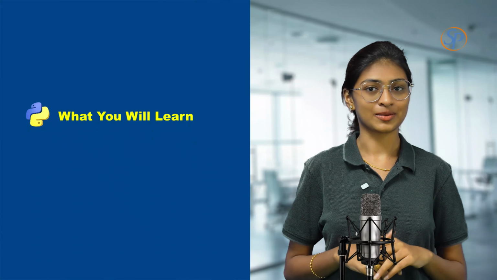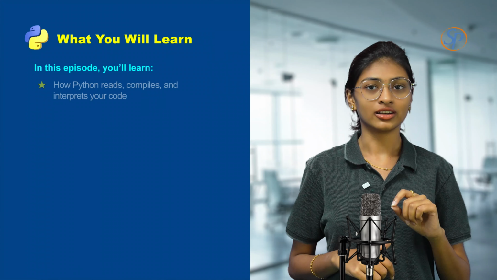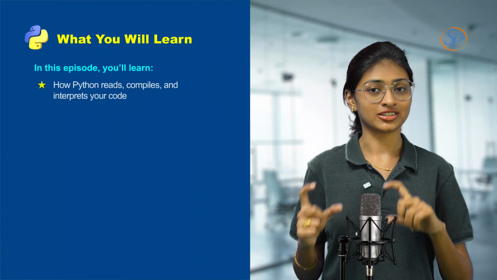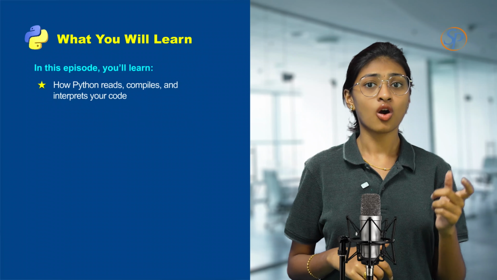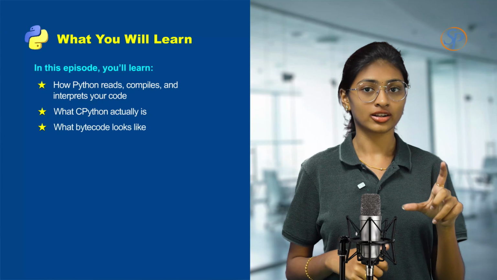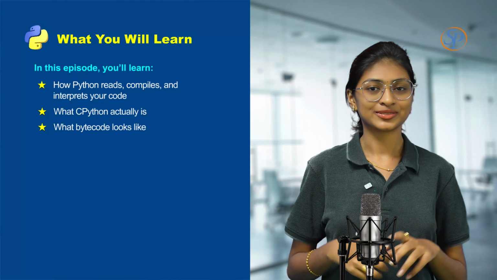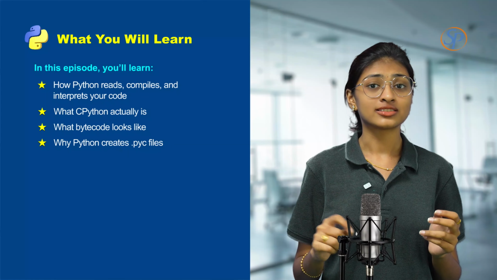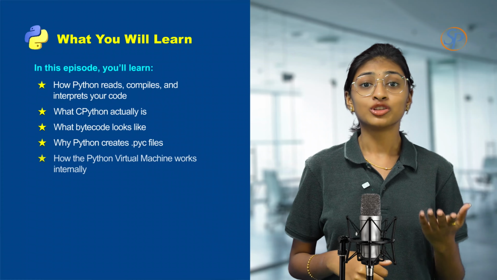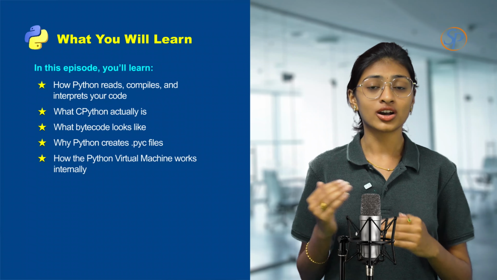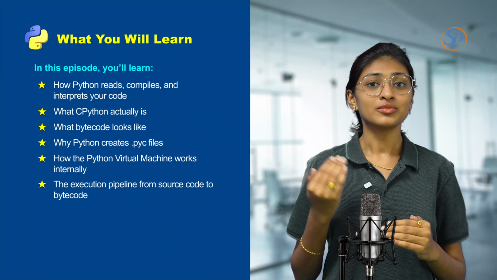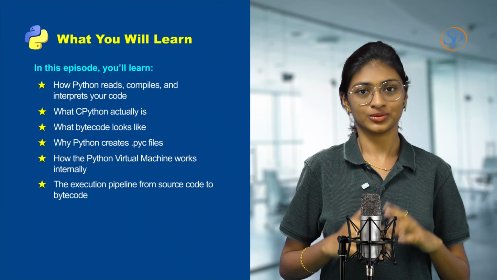What you'll learn in this episode. You'll learn how Python reads, compiles and interprets your code. What CPython actually is. What bytecode looks like. Why Python creates .pyc files. How the Python virtual machine works internally. The execution pipeline from source code to bytecode.